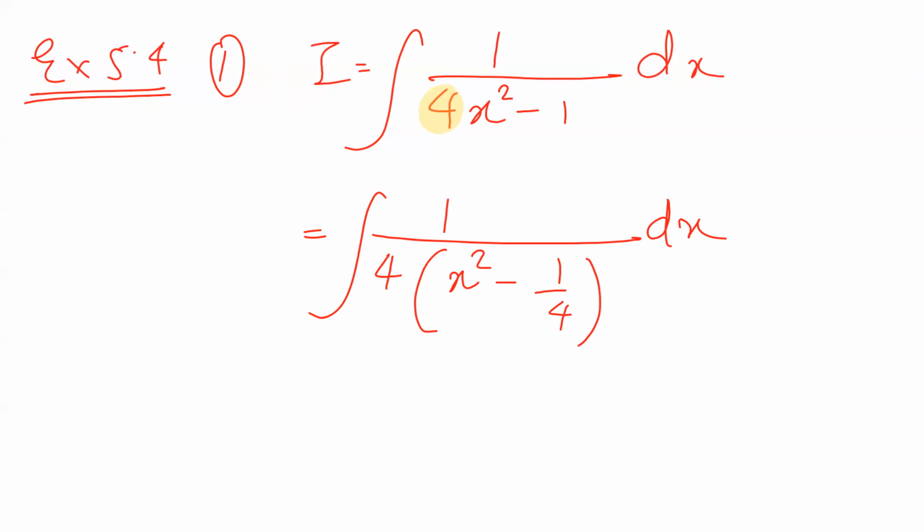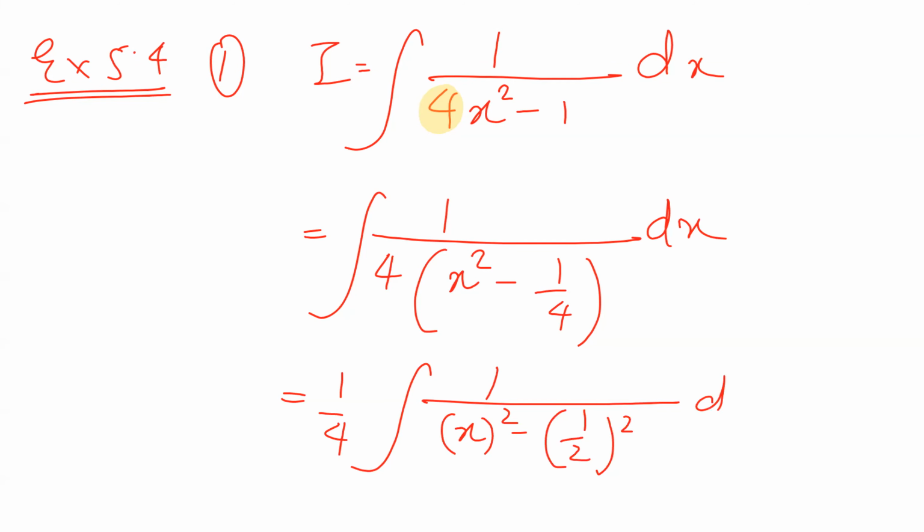Don't keep it as it is, because it will help you in the next set of problems. Don't ask if we can or cannot eliminate this. Please don't do that. I've given the instruction: beside x square, whatever term is there, just eliminate it. So 1 upon 4 integration of x square minus 1 upon 2 the whole square dx.